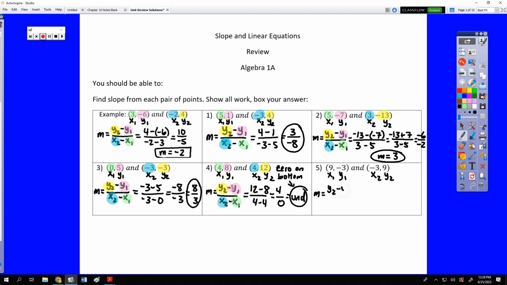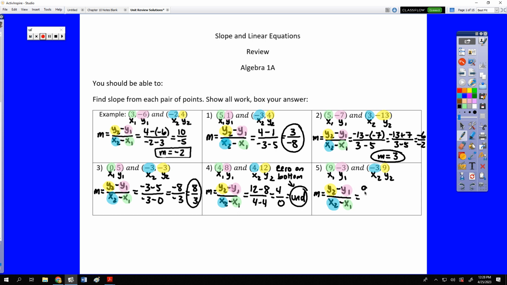Final question, y2 minus y1 over x2 minus x1. Plug those numbers in. So we have 9 goes in for x1. Negative 3 goes in for y1. Negative 3 also goes in for x2. And this other 9 goes in for y2.